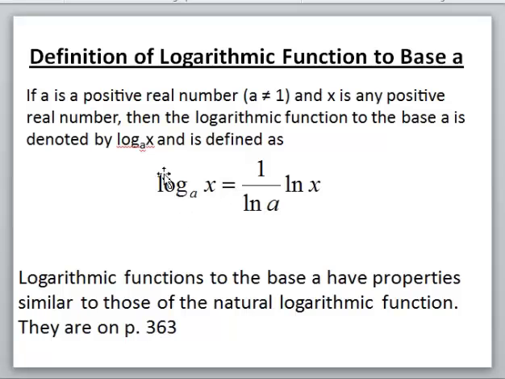Now you can change this into an ln. And most of the time we'll actually just write it as ln x over ln a. So you take the ln of the x over the ln of a. And that will allow you to change any log function into an ln.